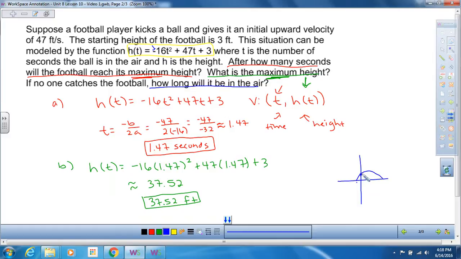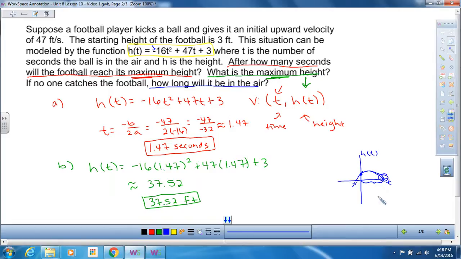It starts here at 3 feet, and this is my time, this is the height. I want to know what this value of x or this value of t is right here. So I'm looking for the x-intercept. There's two x-intercepts, but I don't care about this one here because that one's negative and that doesn't really make sense. I want to know this.